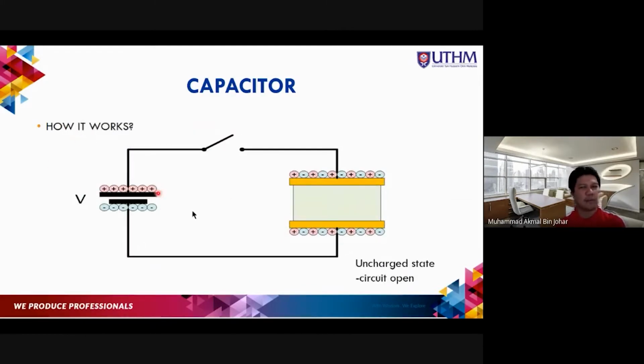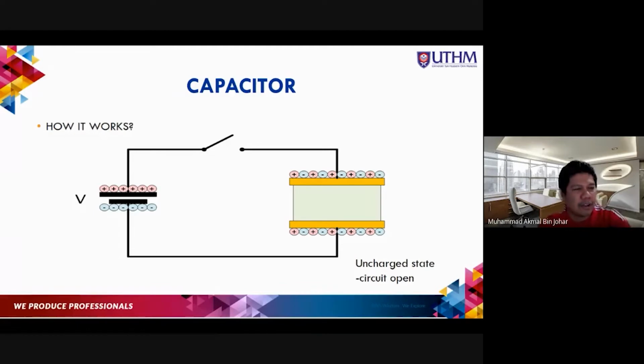So how it works, we already discussed last week. It starts from an uncharged state where the circuit is open. Basically, the positive and negative have a similar or equivalent value of charge. There is no potential, they are neutral.